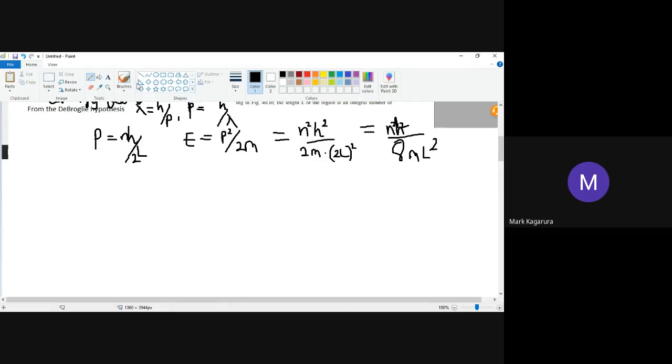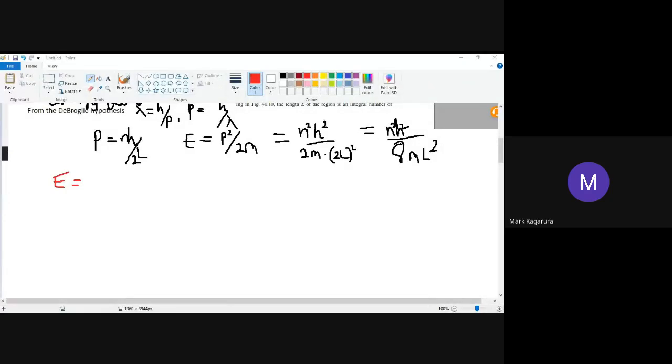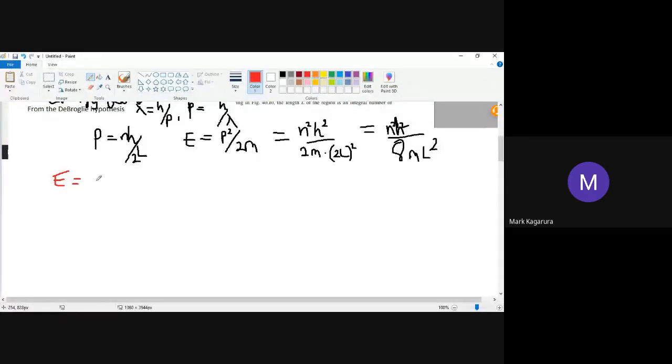So we know that your E is that. Sometimes you just divide through by 2 pi, and that will give you n squared h bar prime squared over pi squared over 2 m L squared, or n squared h squared over 8 m L squared.